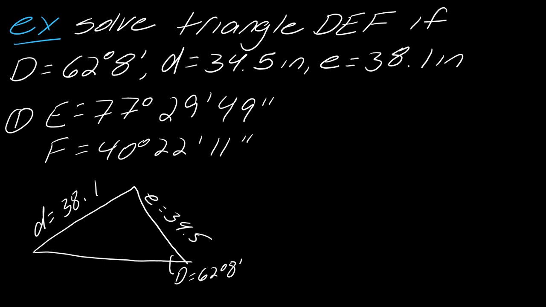So now I've got situation one, where I assume E is 77 degrees, 29 minutes, and 49 seconds, and the F is listed here. So here was my original situation I was starting with. And now I can label the rest of this triangle.